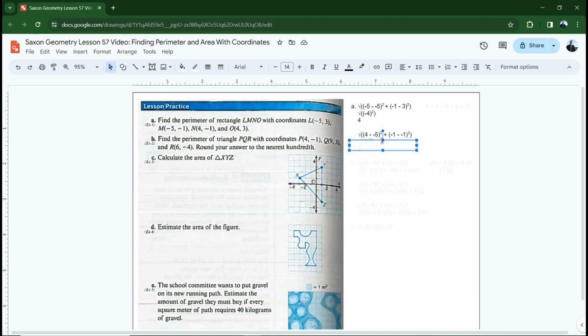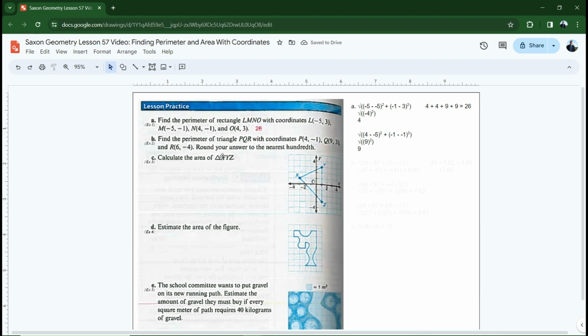So here again, I'm just going to have one term. It's going to be the square root of 9 squared. 9 squared is 81. Take the square root of that, I get 9. The square root of 9 squared is 9. All right, now I actually have two sides that are 4 and two sides that are 9. I add those together, I get 26. We should have a perimeter of 26 for the rectangle.